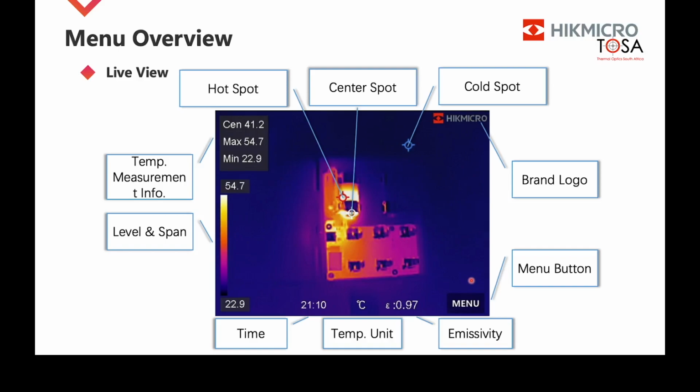Then working clockwise, there's just the brand logo and the menu button at the bottom, at least. Then the emissivity of the device. Different materials have different emissivities. I'm not going to go into the technical detail of that. We incidentally have a very good learning system, that e-learning that's online, that you can go through.